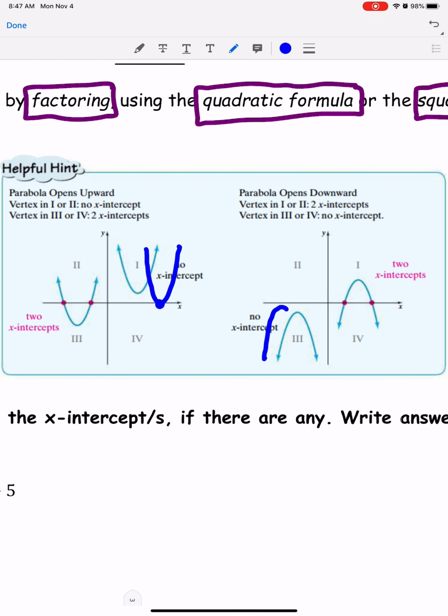If that vertex is on the x-axis, it could just touch that x-intercept and then change directions. So not only could you have two intercepts or no intercepts, you can also have one intercept. I'll put an example right here of your one x-intercept. So three different things can happen: you can have two, one, or none.